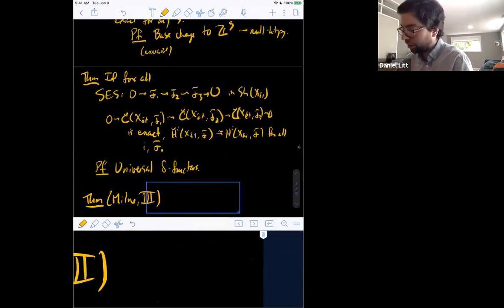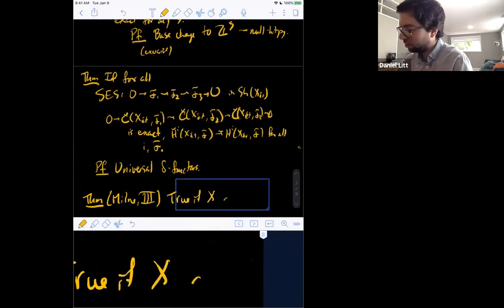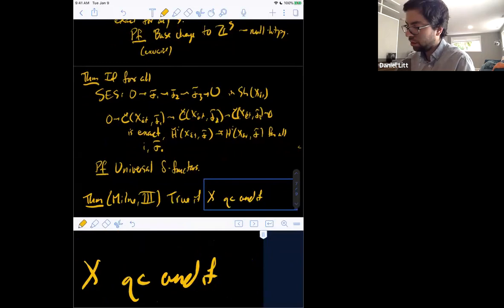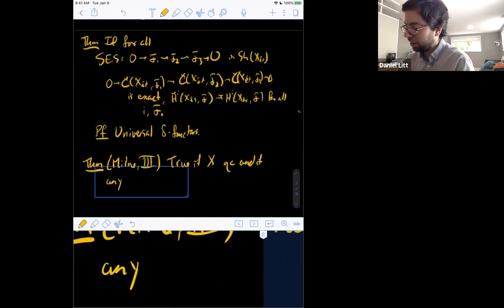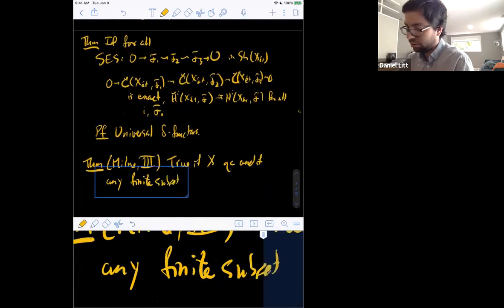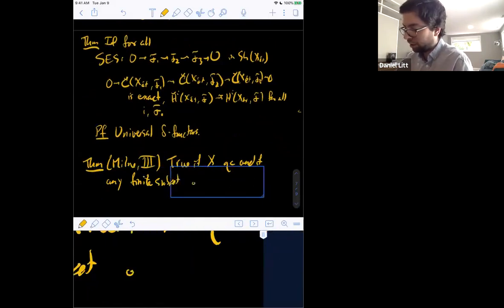So the consequence is that this is true if X is quasi-compact, and if any finite subset of X is contained in an affine.